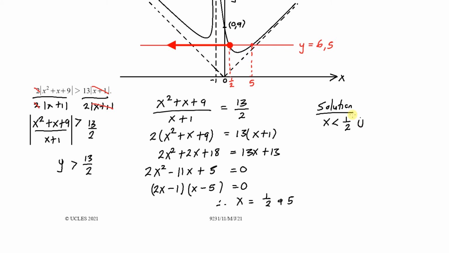And we also have values of x that are greater than 5, where the graph of the modulus is also above that of y is equal to 6.5. So that's x greater than 5. So this becomes our solution set. That's the answer right here.